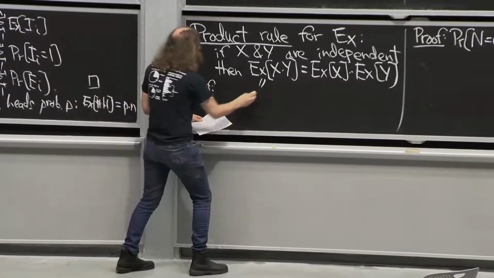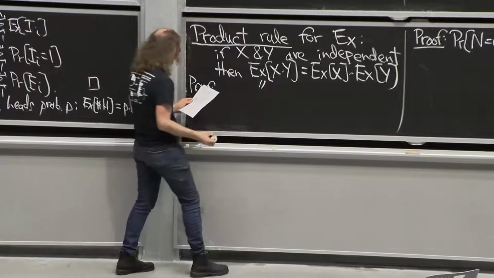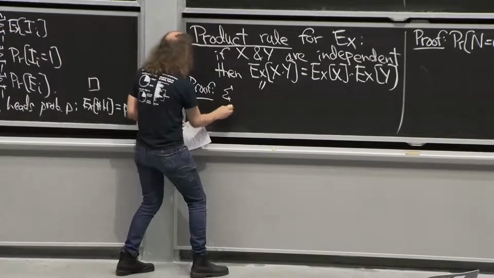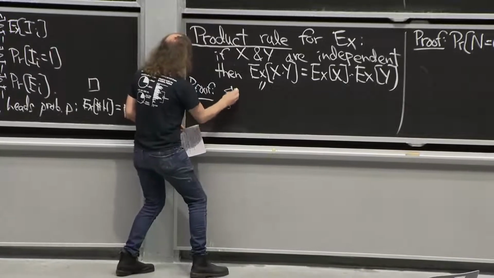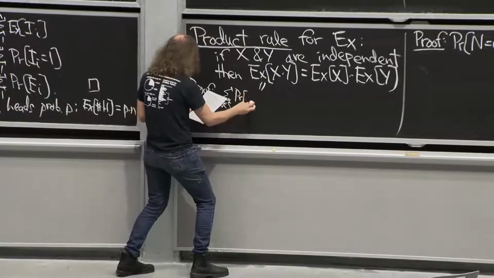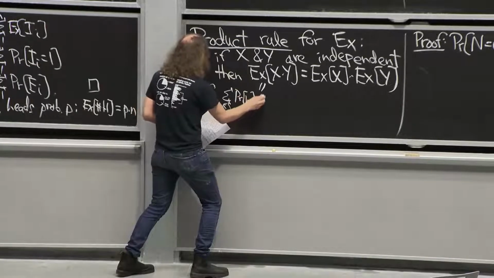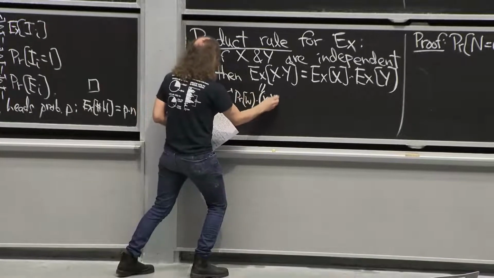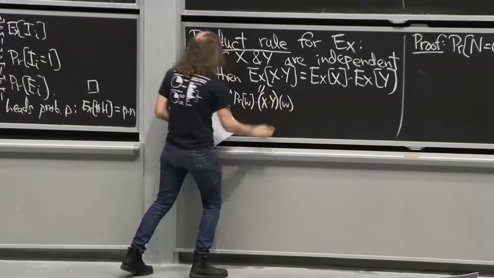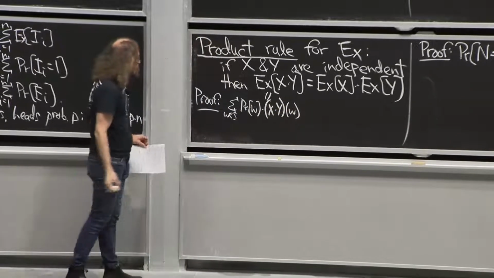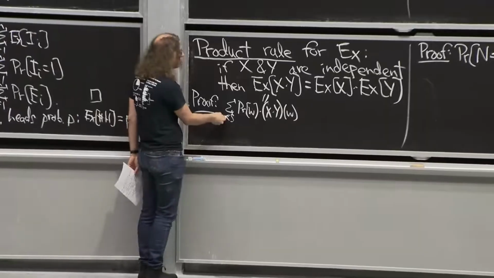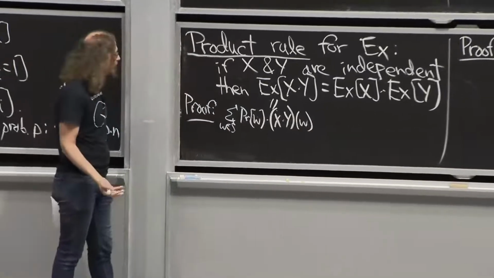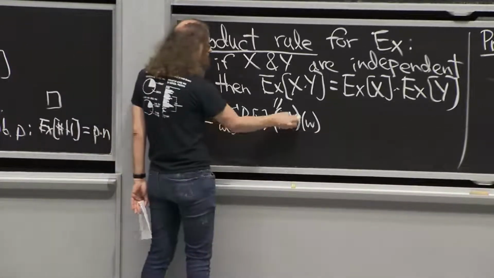So this expectation of X product Y, if I just write out the definition, we just take all the possible outcomes. We don't know anything about them. But X times Y is a function.